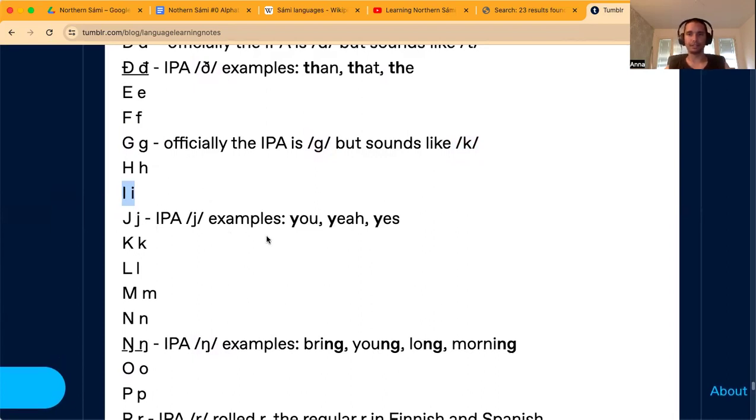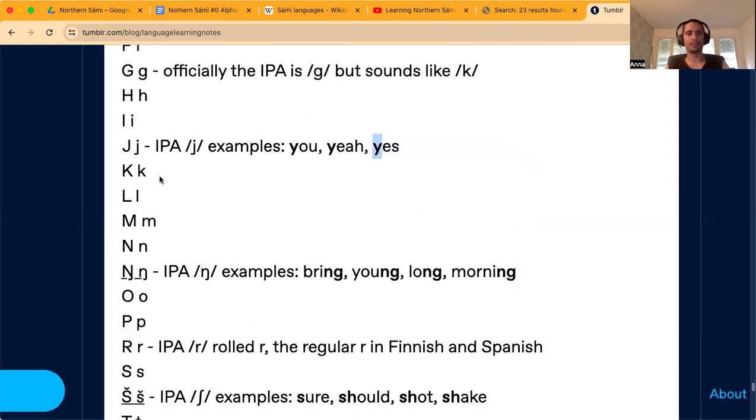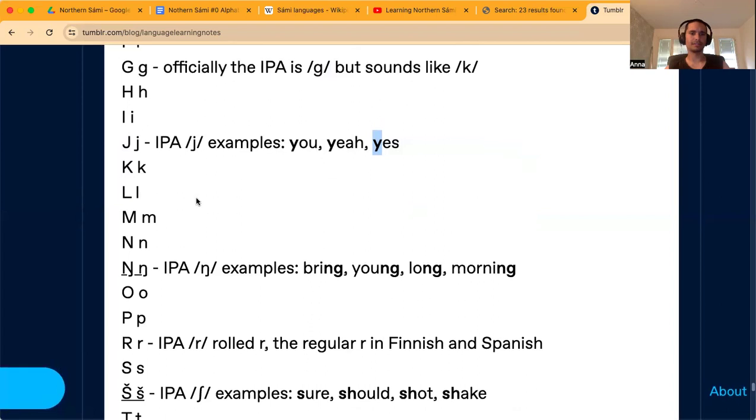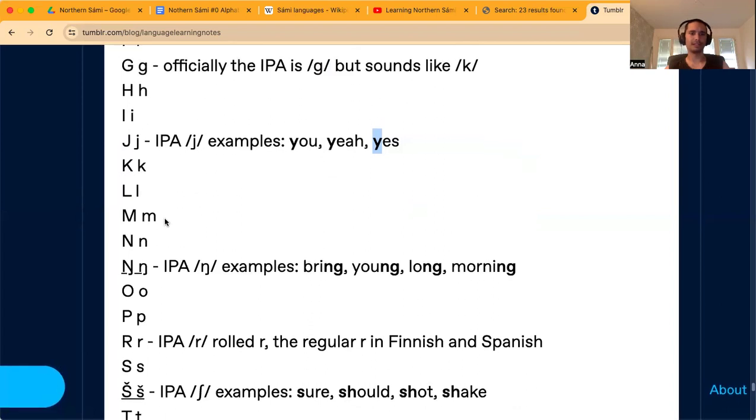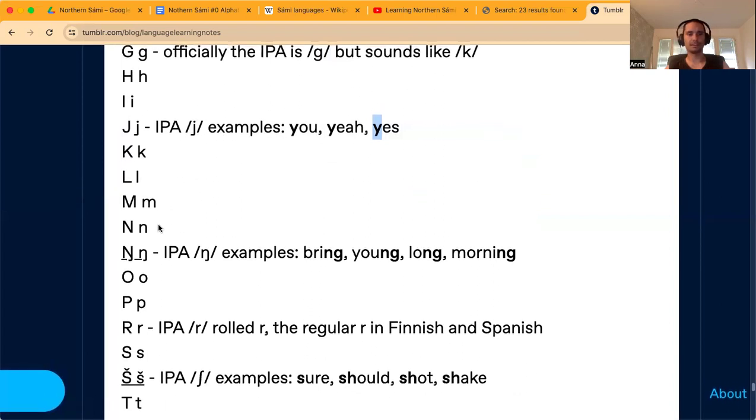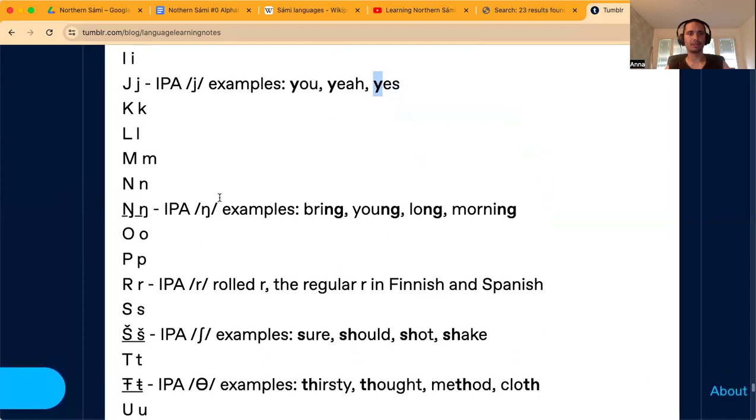Like in Finnish, in the Finnish orthography, J is y, like you, yes, the Y here. K is normal. L, M, N, nothing special here with these.